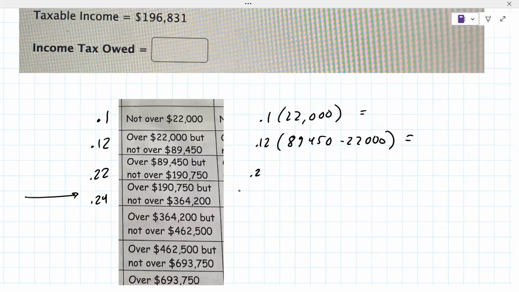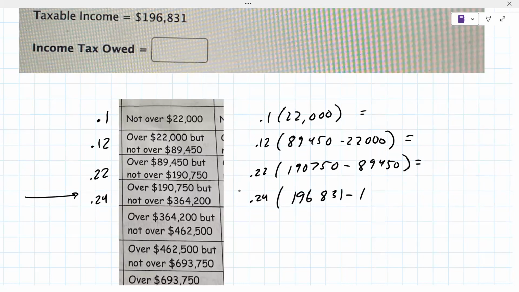And then same thing with this one, 22. And then you only pay the higher tax rate on that last little bit of income.